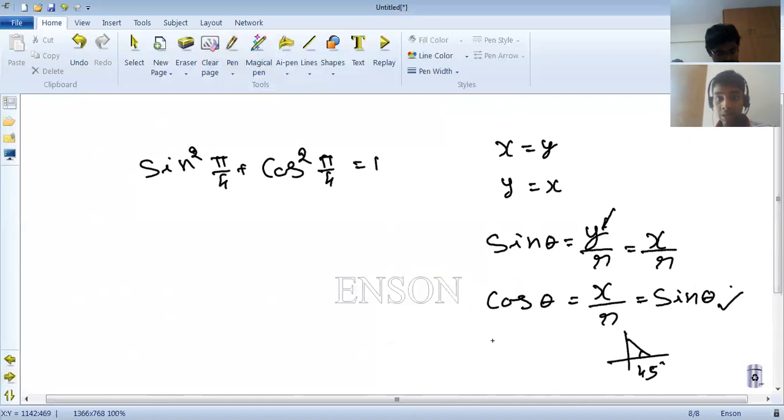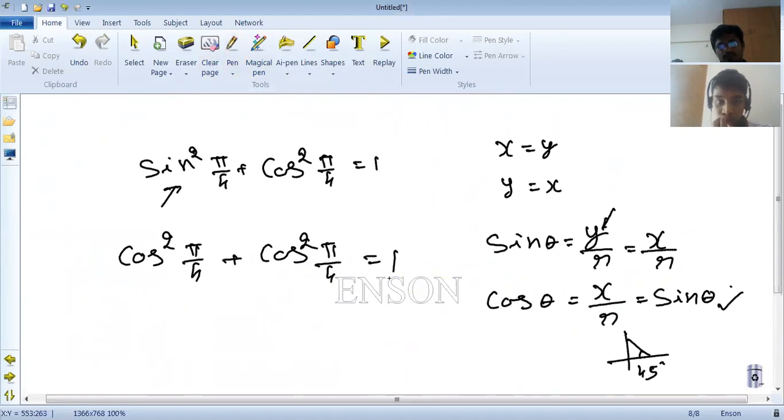Understood? Okay. Now, instead of sine, I am representing cos here. Cos square pi by 4 plus cos square pi by 4 is equal to 1. Now you can write it as 2 times cos square pi by 4 is equal to 1.